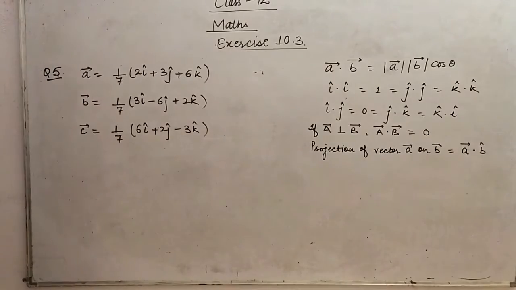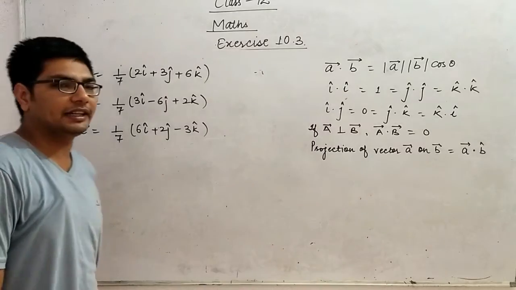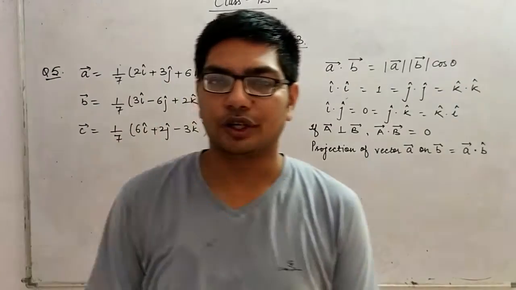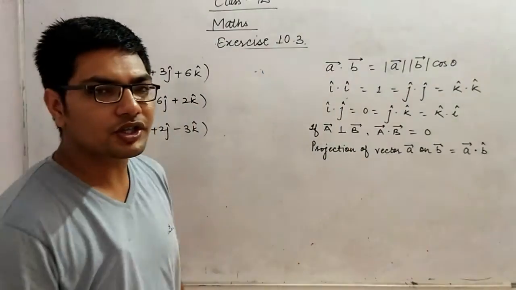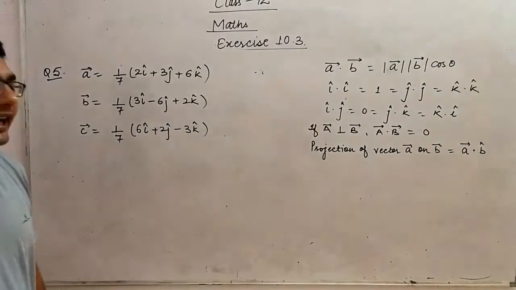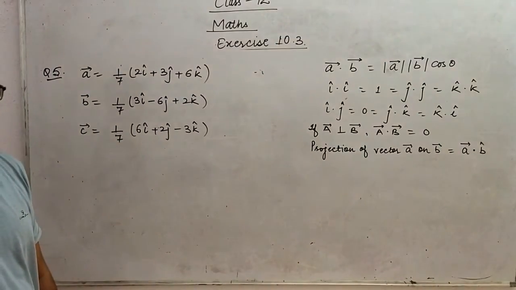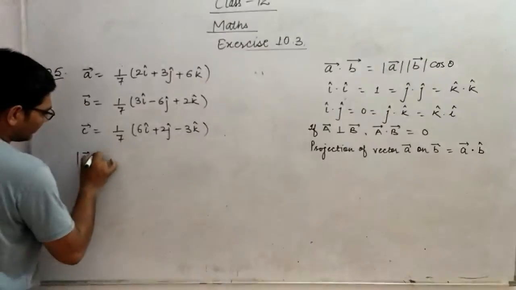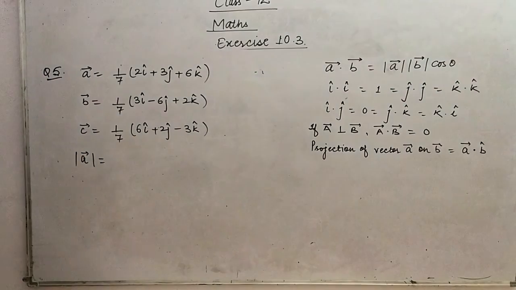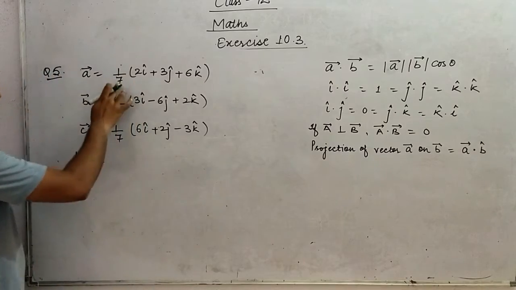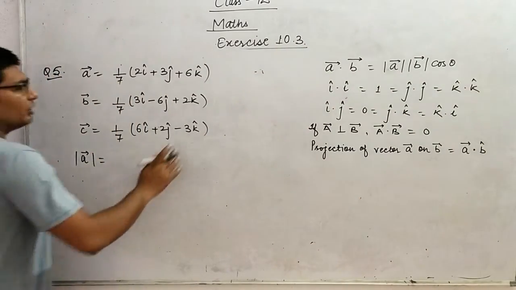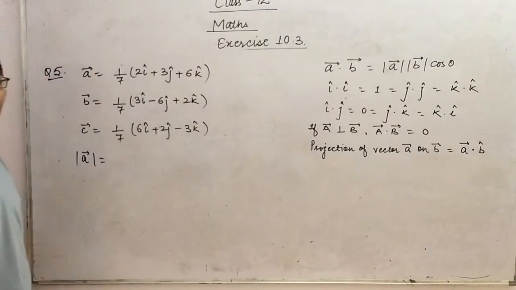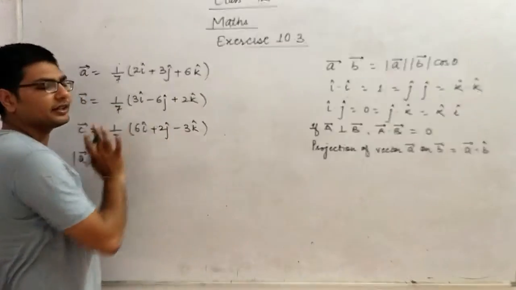In order to show that they are unit vectors, we will calculate their magnitude. If the magnitude is equal to 1, then we will say that they are unit vectors. So let us calculate the magnitude of A. What is the magnitude of A? That will be the square of 1 by 7. Just do one thing, multiply 1 by 7 inside.